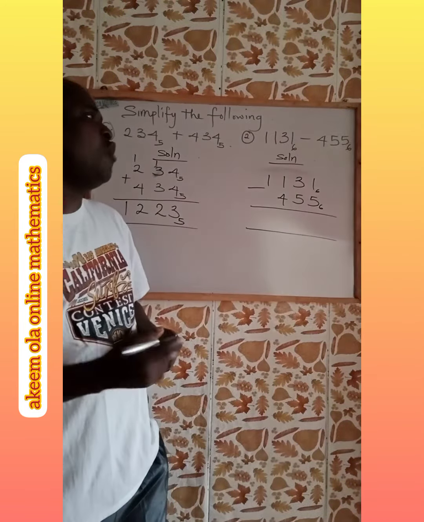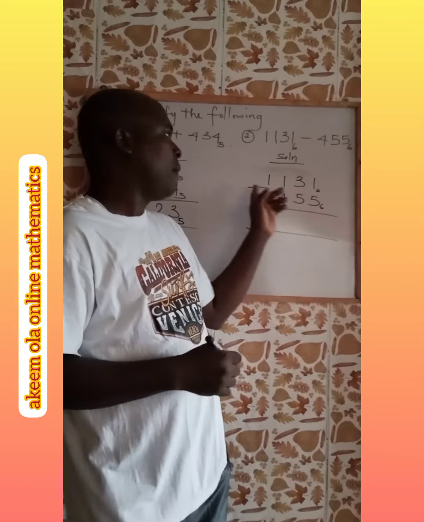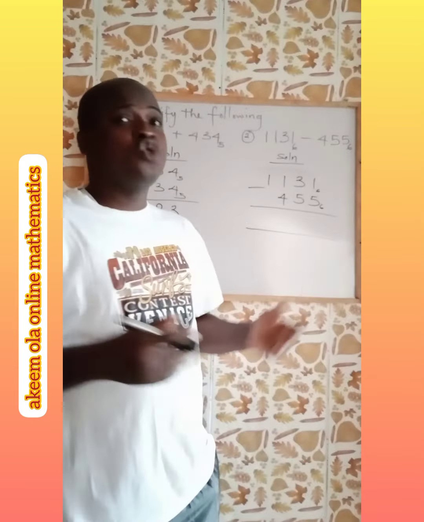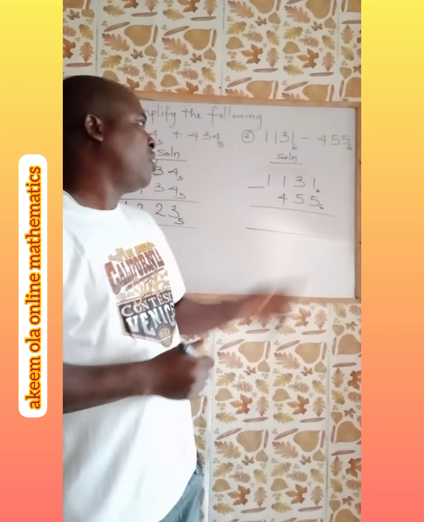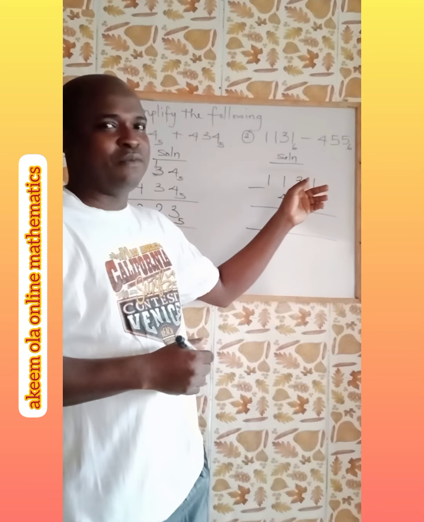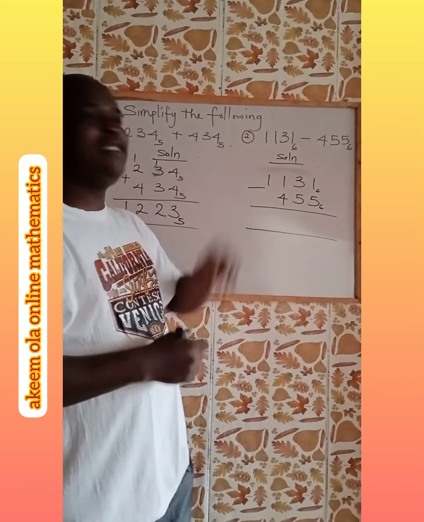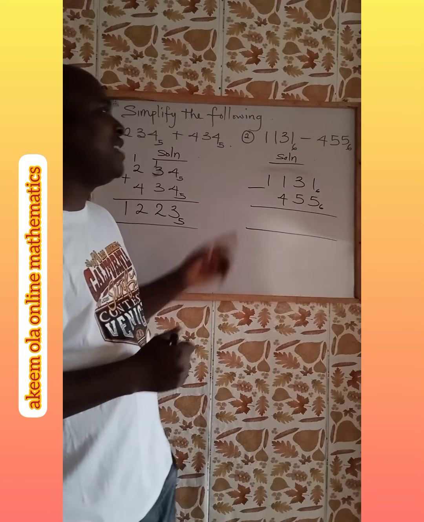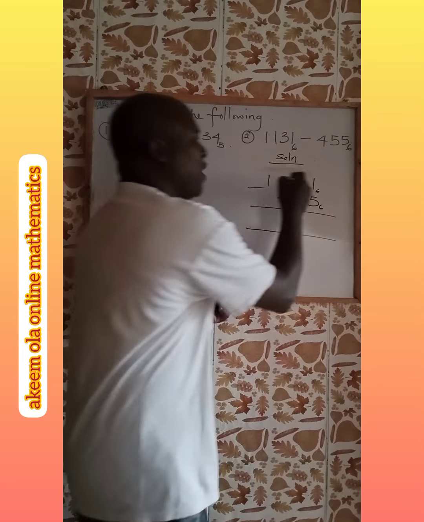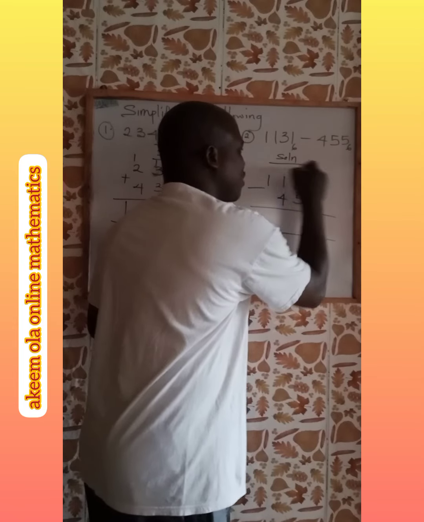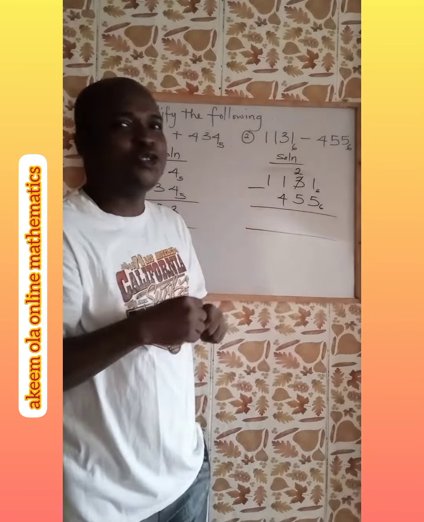Like in this question now, we have 1 minus 5. Of course, 1 minus 5 is impossible. So I have to go to the other side here and borrow 1 from these 3. If I borrow 1 here, this 3 will remain 2.